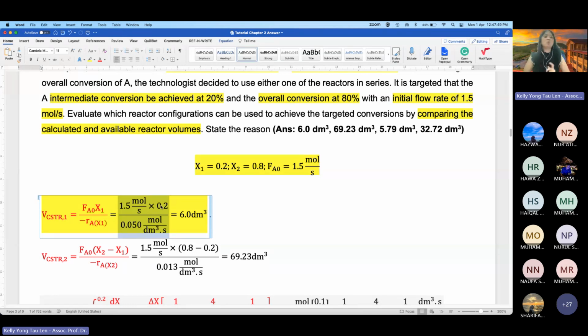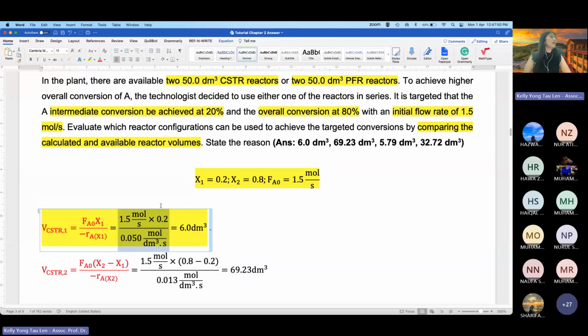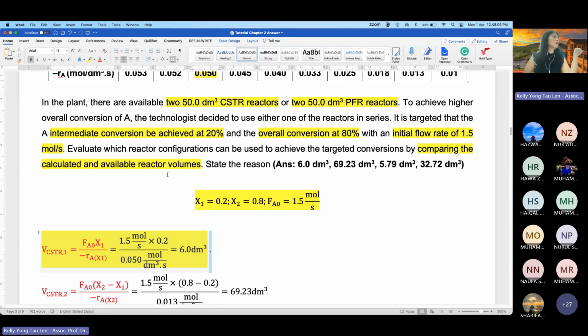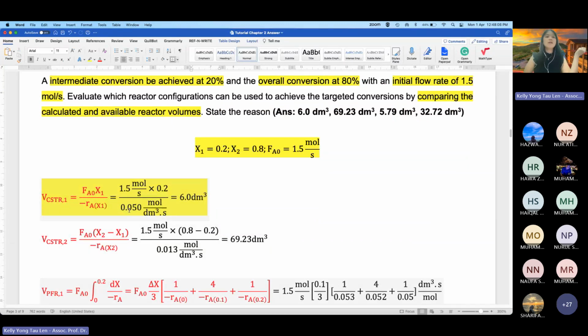And when my X is 0.2, my minus RA is 0.05. So that's why you need the table. The table will give you the information. When my conversion is 0.2, my minus RA is 0.05. So I substitute in 0.05. I get the volume of my first CSTR as 6 dm cube.